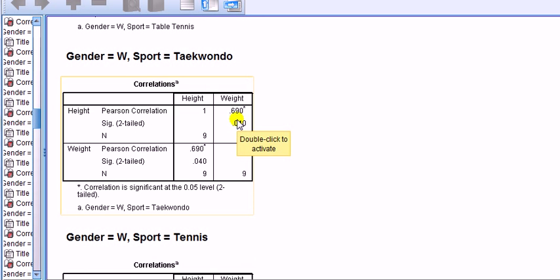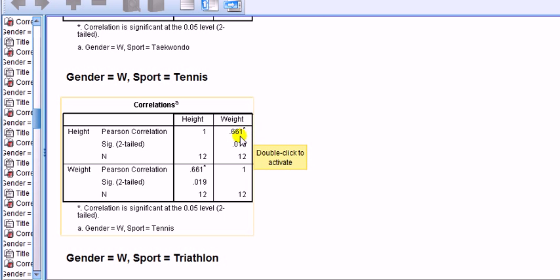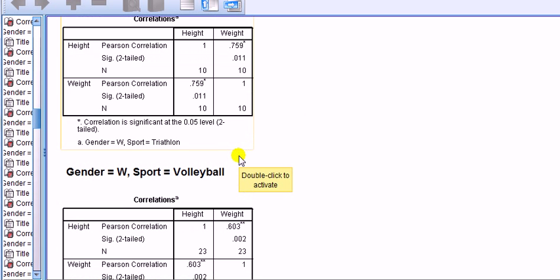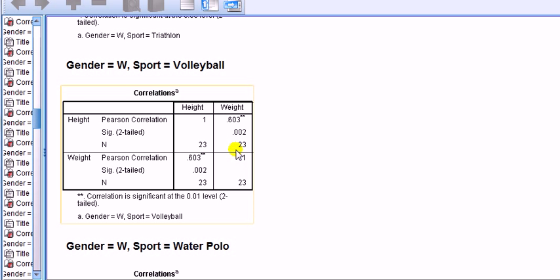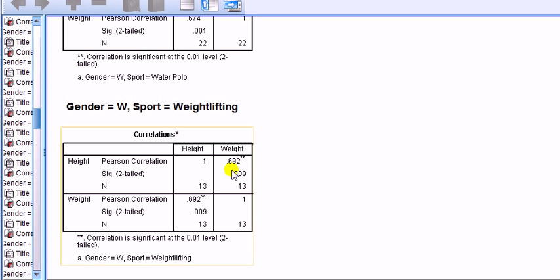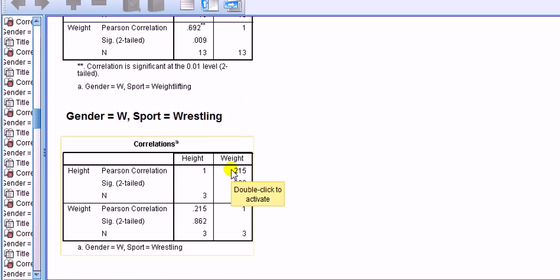Taekwondo 0.69, tennis 0.66, triathlon 0.77, volleyball 0.6, water polo 0.67, weightlifting 0.69, wrestling 0.22, and that is low, and that wouldn't surprise us because in wrestling there are also, unless I'm mistaken, weight categories.